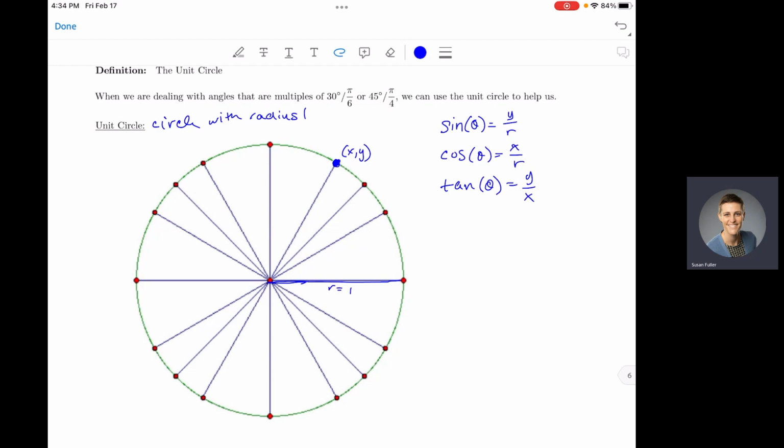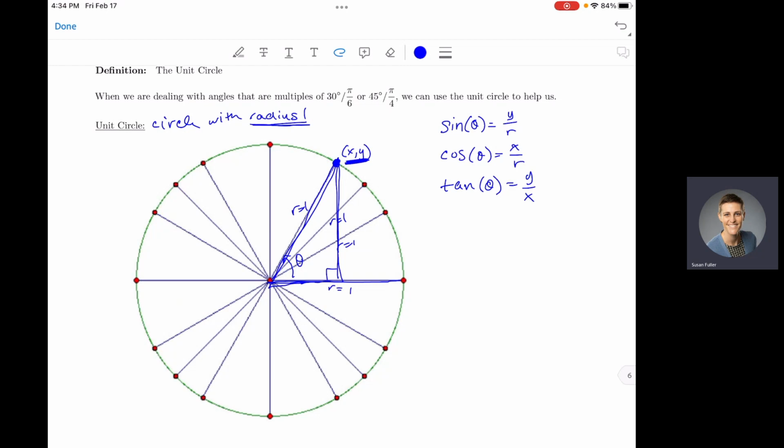Now, when we're on the unit circle, our radius is 1. When you draw your triangle, all of these radii are 1, right? Doesn't matter where we are. So if this is the point on our ordered pair, to find the trig values of our angle theta, we will draw an altitude down and use this triangle.